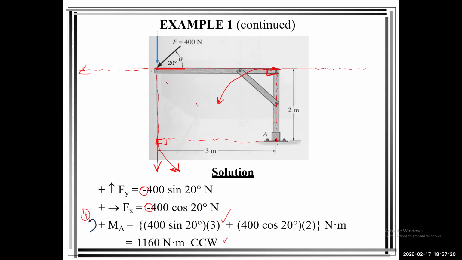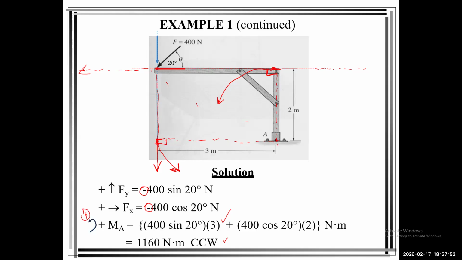The red is going negative x, the blue is coming down in the negative y direction. That's all I'm showing you here. When I'm taking a moment, I just consider the component and look at the direction that it is turning to get my sign.